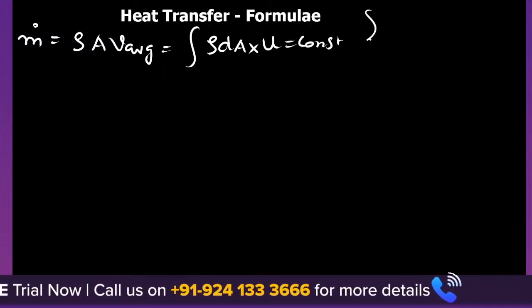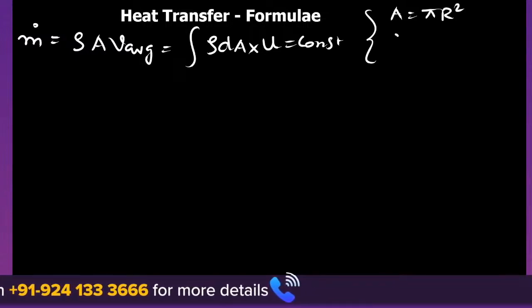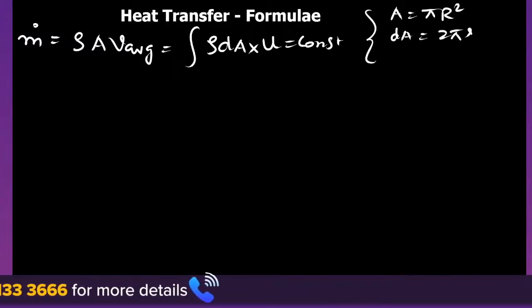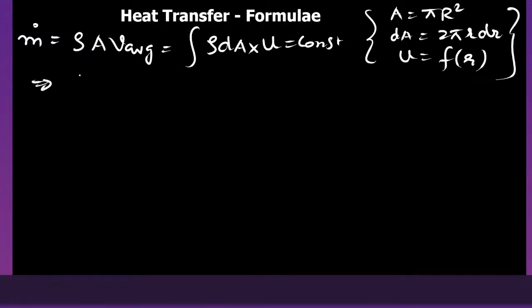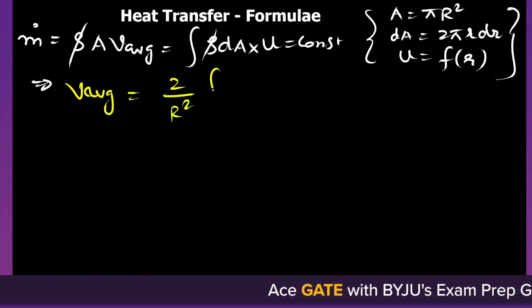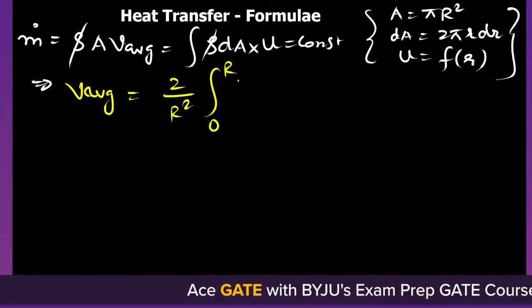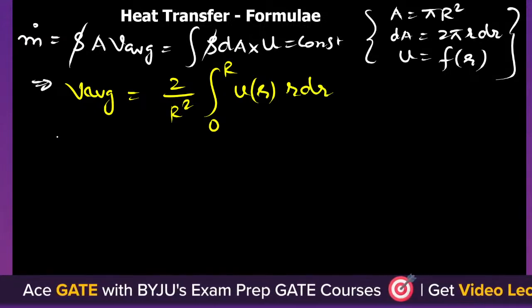We can say A is equal to pi R square for a circular pipe, dA is equal to 2 pi R into dR, and U will be a function of R. If you put these values, the density will get cancelled out. Then the expression for average velocity at any section is 2 by R square, integration of 0 to R, U into R dr.